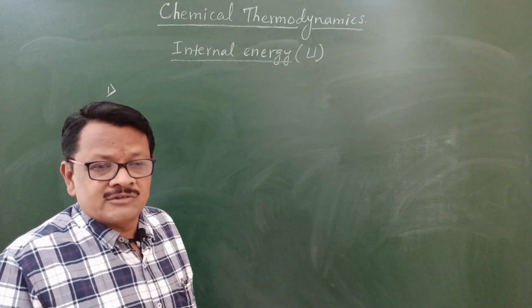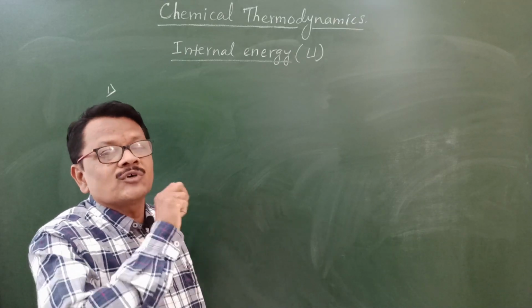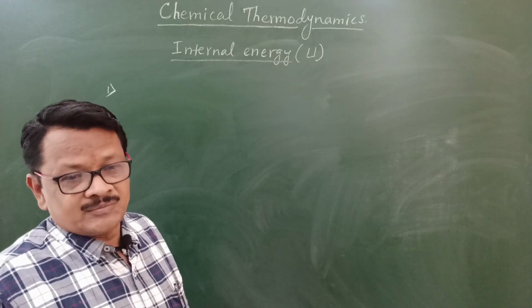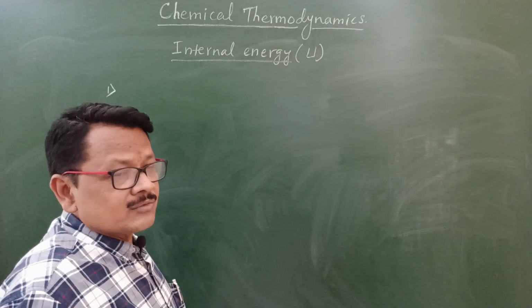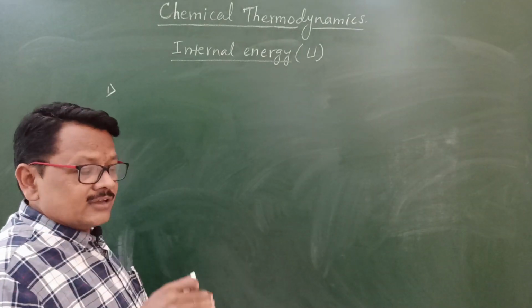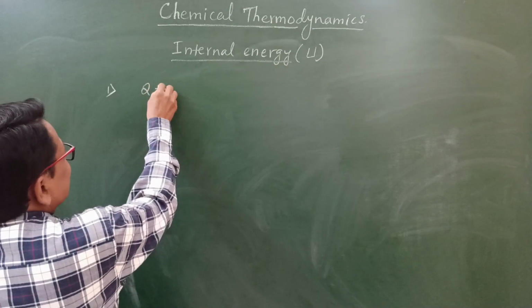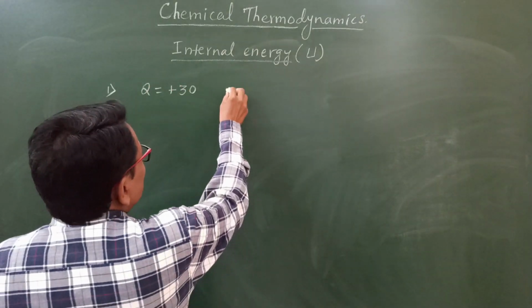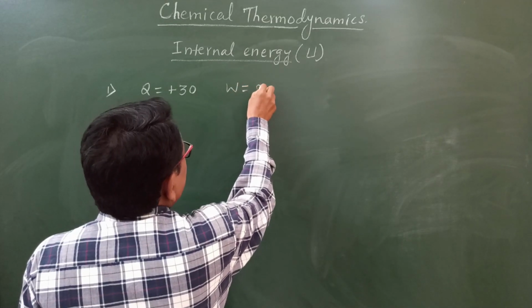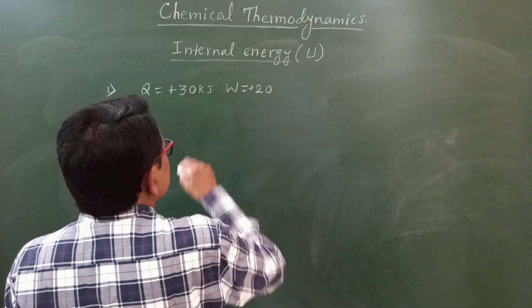See, what is my question? If 30 kilojoule of heat is absorbed by the system, absorbed heat increases internal energy, so Q is equal to plus 30 and work W is plus 20, both in kilojoules.